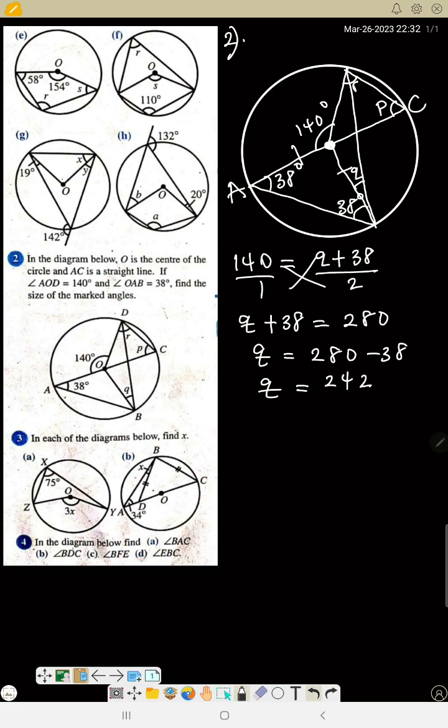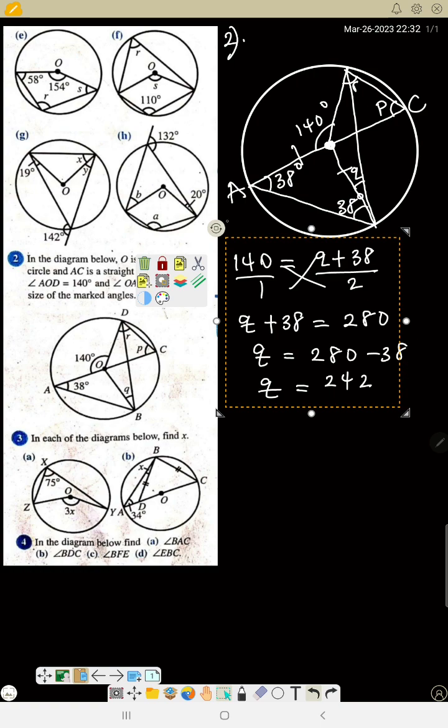So Q cannot be 242 there. So 140 divided by 2 should be 70. Sorry, I made a mistake, because the total angle there should be 70.